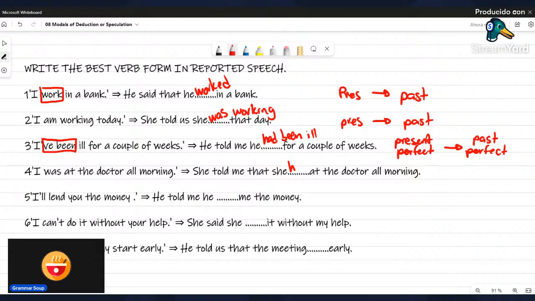So I have to change it to past perfect. Let's see if it's coming. It's taking a little bit more than usual this time. It says she had. Now it's coming. Okay, finally. It says been. It says past changes to past perfect.